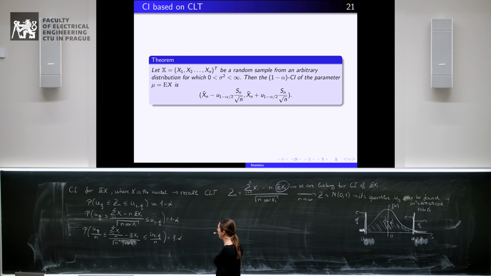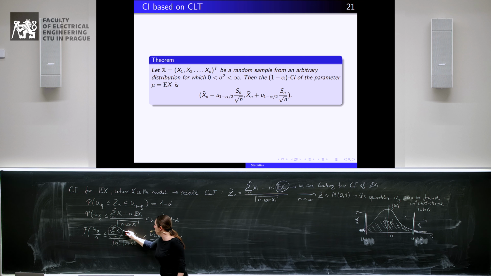And now what can we do? We can multiply everything by this square root of n, all three sides.